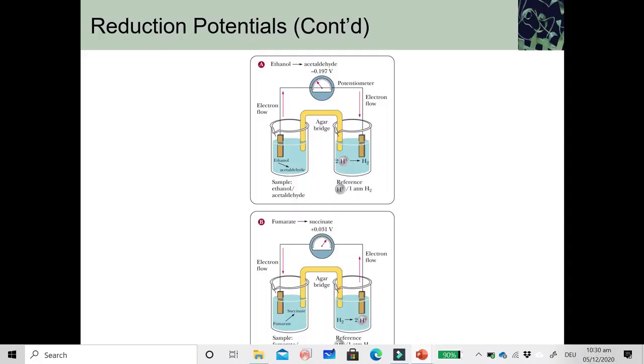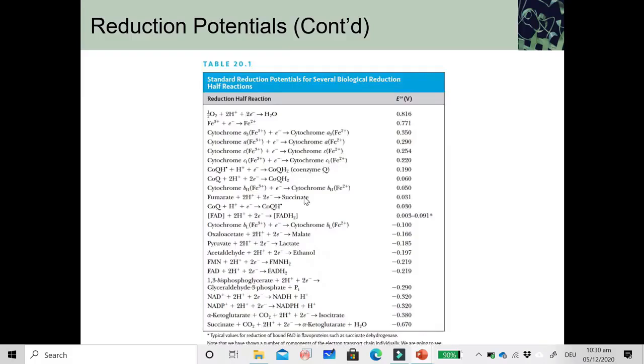Now this means that fumarate is a better oxidizing agent than hydrogen ion, and so fumarate will oxidize hydrogen gas to hydrogen ion.